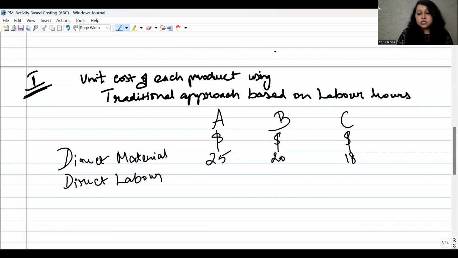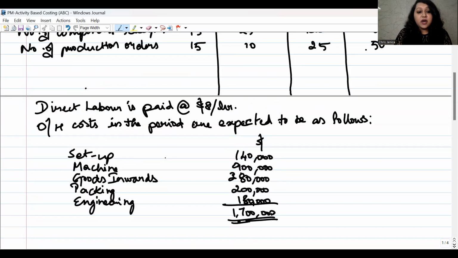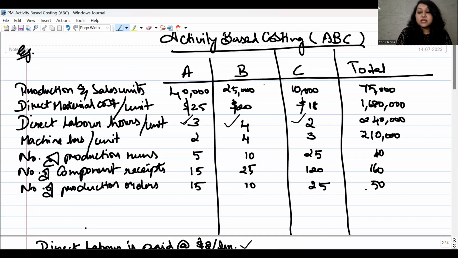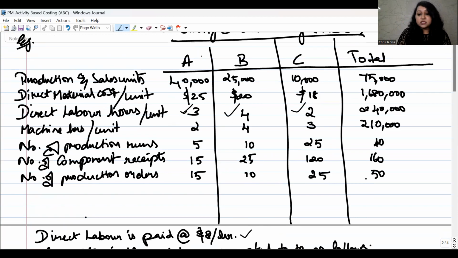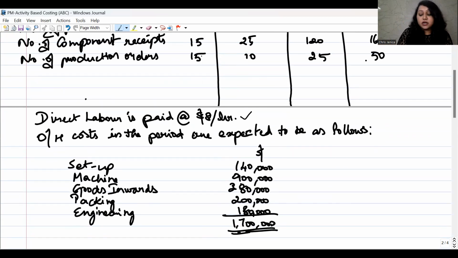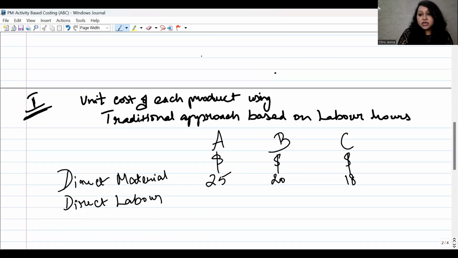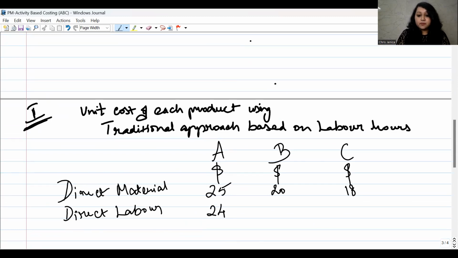So direct labor cost, how will you calculate? Direct labor is paid at $8 per hour. How many hours are the laborers going to work for one unit? Direct labor hours per unit for product A is 3 hours, and 3 hours at $8 will give you the direct labor cost for product A. So 3 hours into $8 is $24.